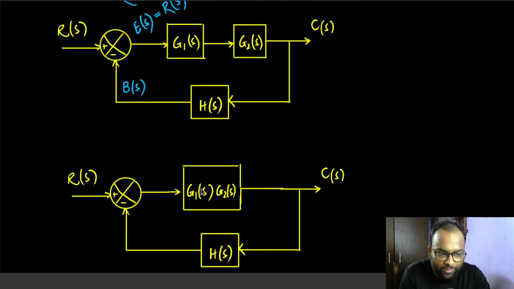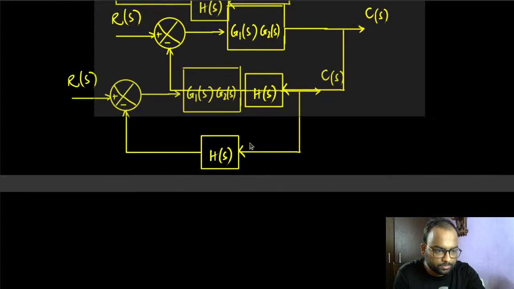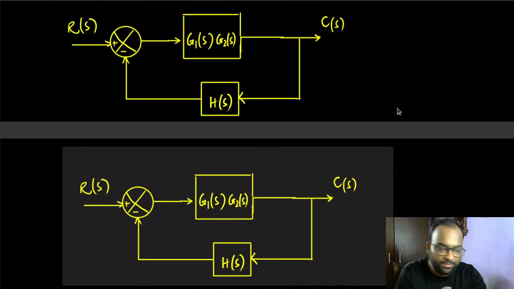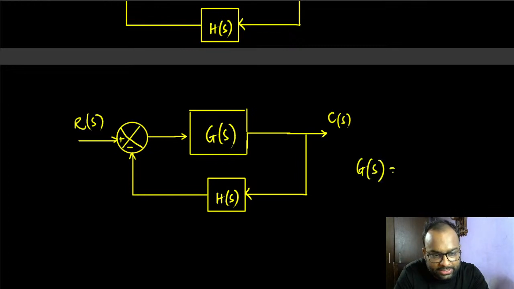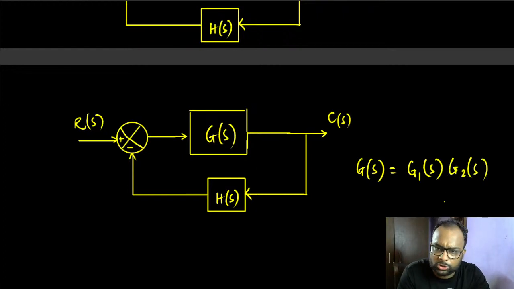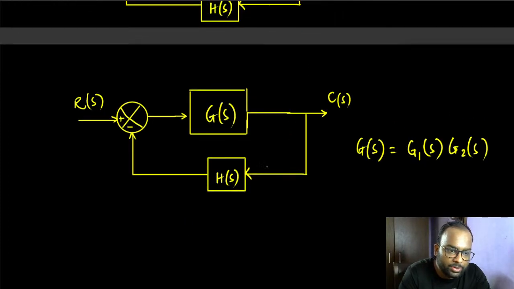We can go one step ahead and copy this once more, and let's call this just G, noting that G is nothing but G1s times G2s, the product of these two. So we can say something like that. All right, now let's go back. This is the signal C that is appearing here.